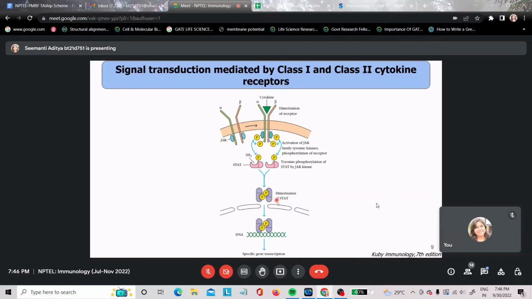So STAT basically enhances the gene transcription of particular proteins which are associated with proliferation or differentiation or whatever functions this cytokine wants to mediate. So that is the pathway. So JAK gets phosphorylated, then it phosphorylates STAT. STAT then gets dimerized, and then dimerized STAT will enter the nucleus, go and bind to the DNA, and carry out specific gene transcription.